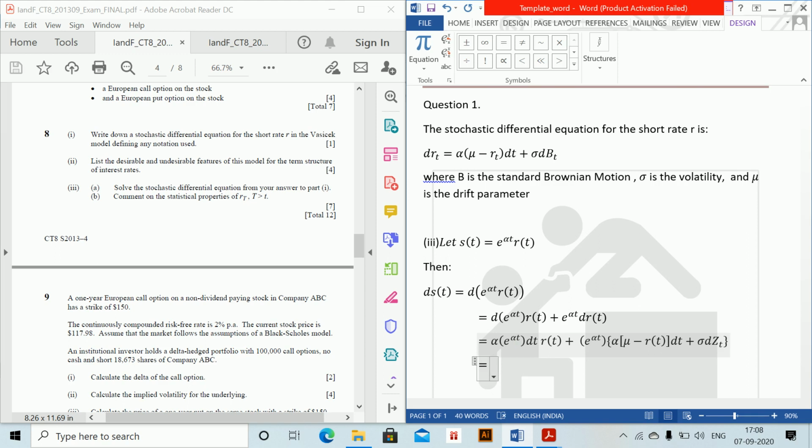This is equal to, if I open brackets, α e^(αt) R_t, and the α e^(αt) R_t term gets cancelled.